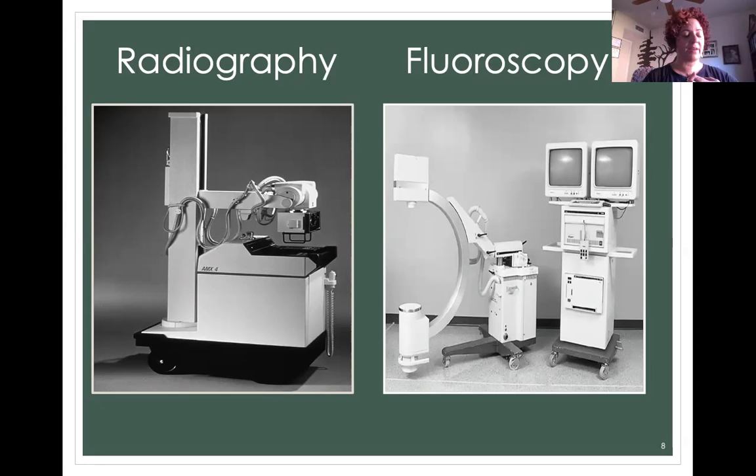The other thing that we have to think about is that sometimes the X-ray cartridge that they use is going to have to come into our sterile field. So we have these plastic clear pillowcases, for lack of a better word.